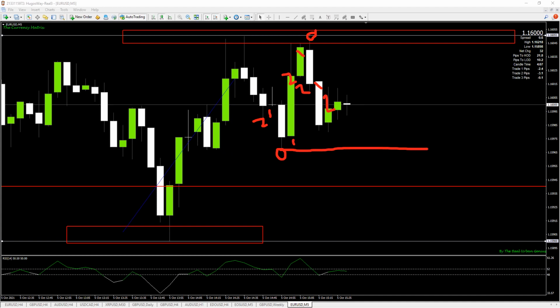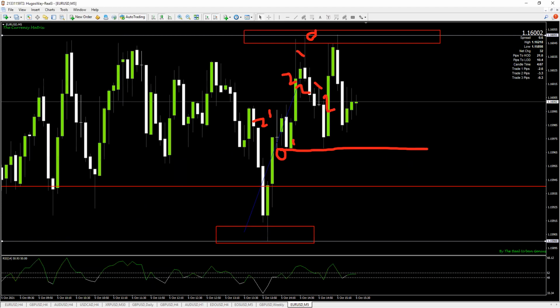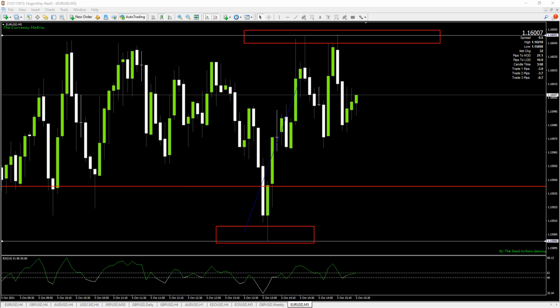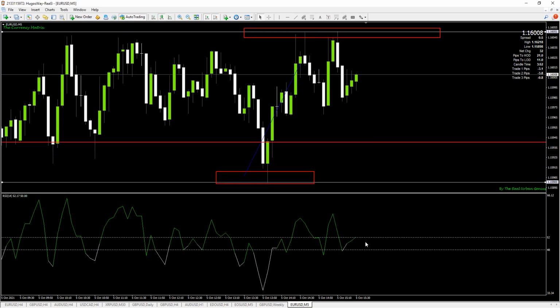Also, now you can start factoring in the RSI. Look at the RSI. It's right there at baseline, 50. We can also apply Fibonacci in this situation.